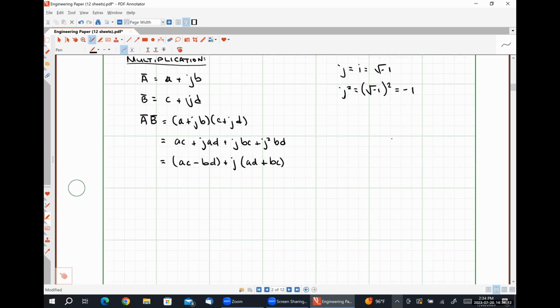Now let's look at what happens if we use exponential form complex numbers.